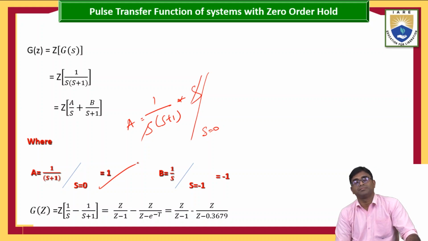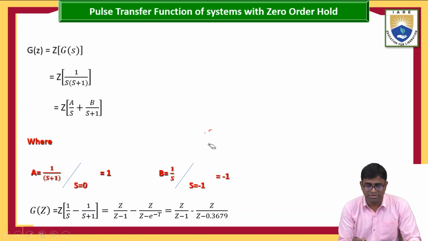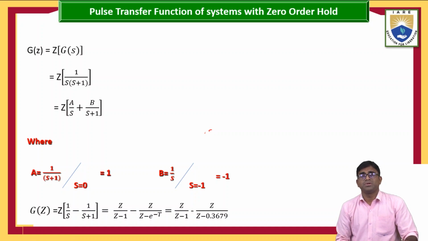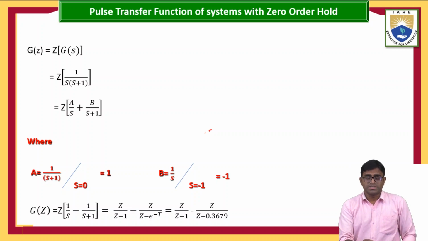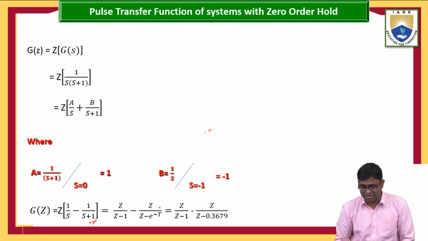Similarly, go for B also, and we get the B value. Substitute the A and B values there. After that, the z transform is z by z minus 1 minus z by z minus e power of minus T. Here it is plus 1, that's why it is coming as minus T. So substitute e power of minus T. What is the T value given in the problem?